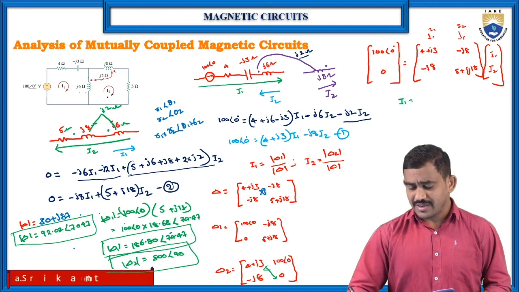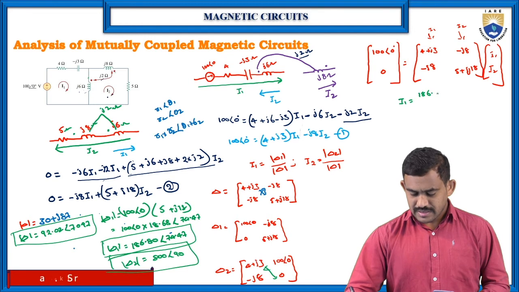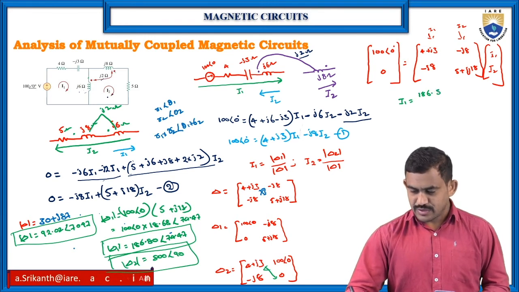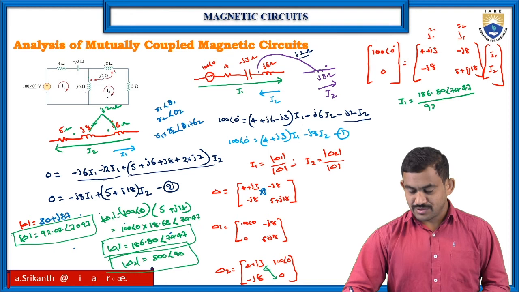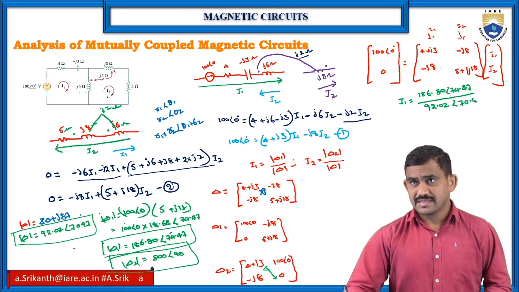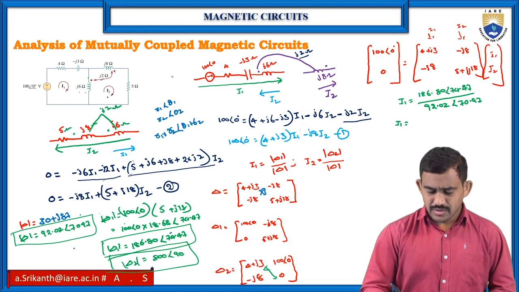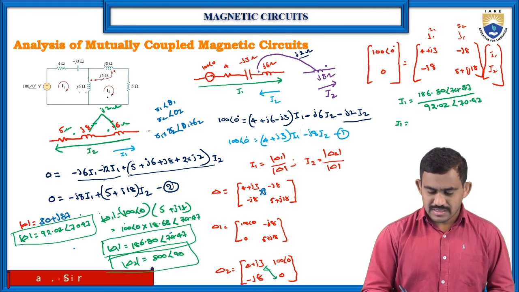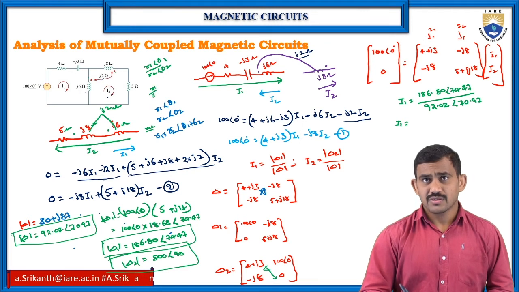Now we have del of delta 1 and del of delta 2 values. Now your I1 value is del of delta 1 by del of delta. So 1806.80 angle 74.47 by 92.02 angle 70.97. For multiplication, R1 into R2, and for division, R1 by R2 angle with theta 1 minus theta 2.